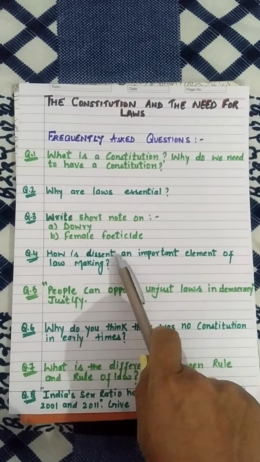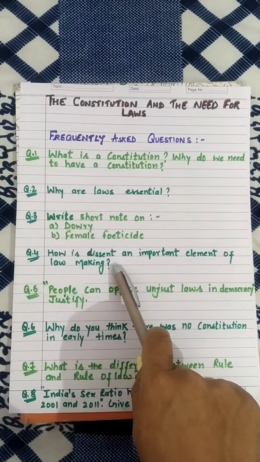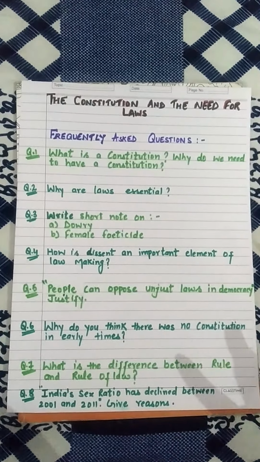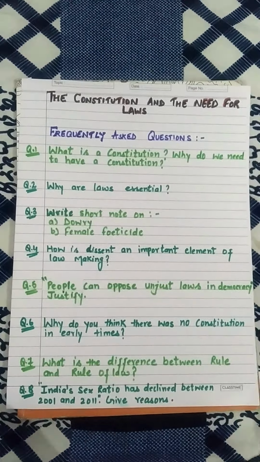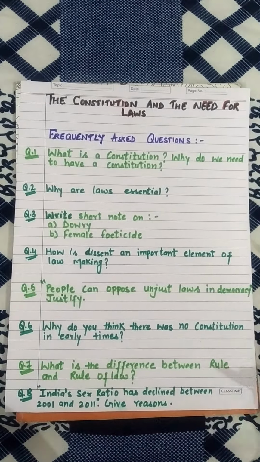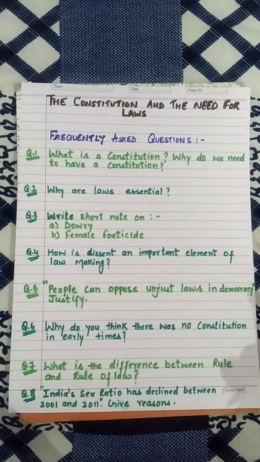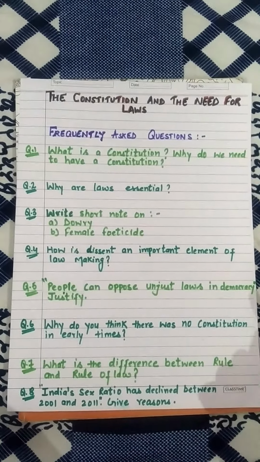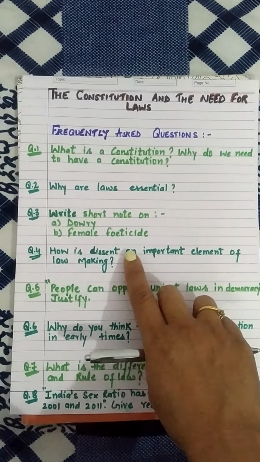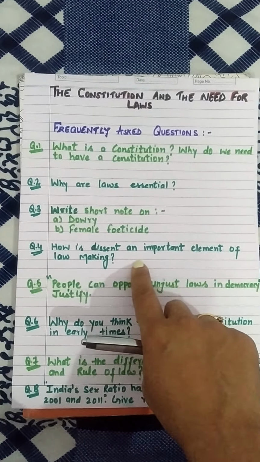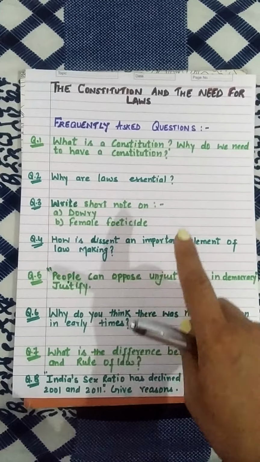Because people have the right to disagree, because of this people participate more in the discussions of various aspects of the law. Because of this, the lawmaking process becomes more successful. Yes or no? So this you have to mention here. Okay, advantage of this. I hope it is clear now.